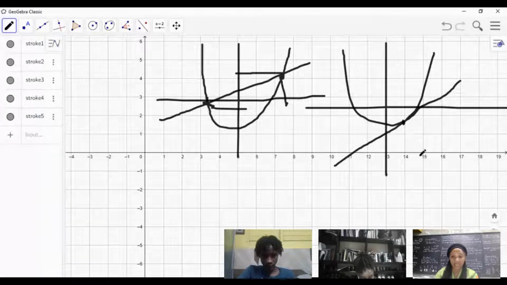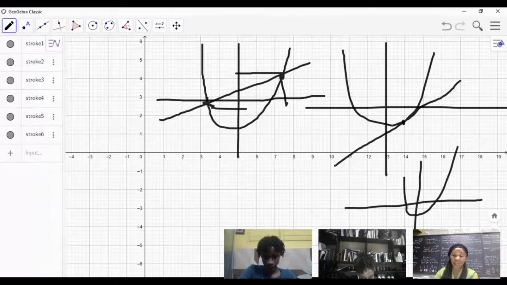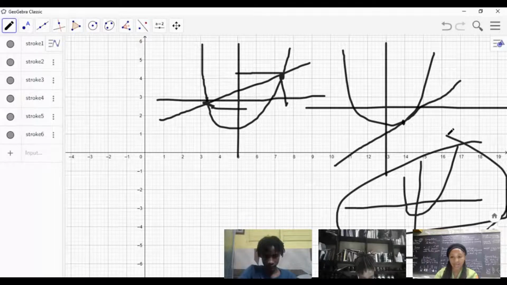Or the line can come in and not touch the parabola. It could happen like that. Not usually, or at least not usually at this level. So you're either going to find one of these two, this one more frequently, where we have two distinct sets of solutions.